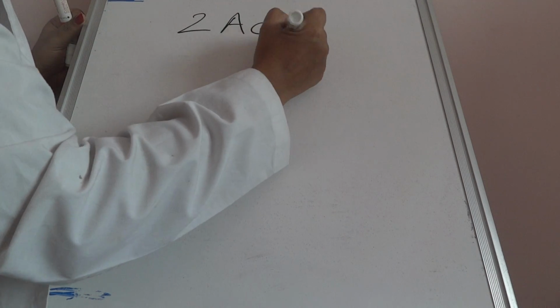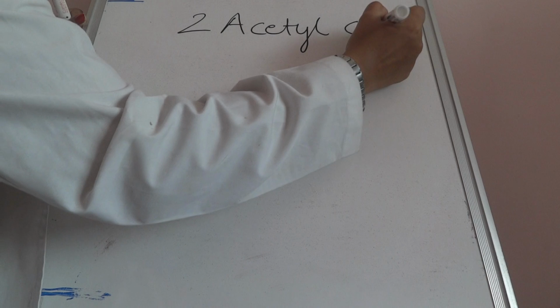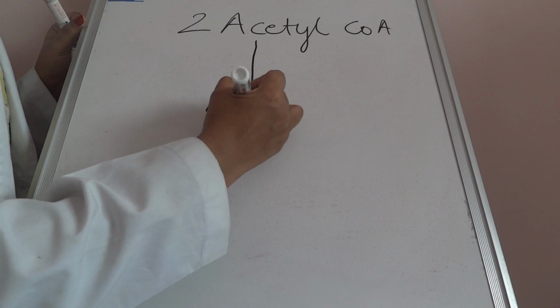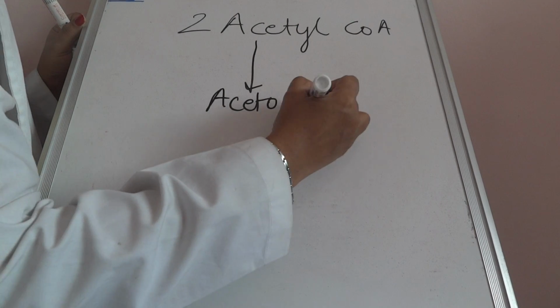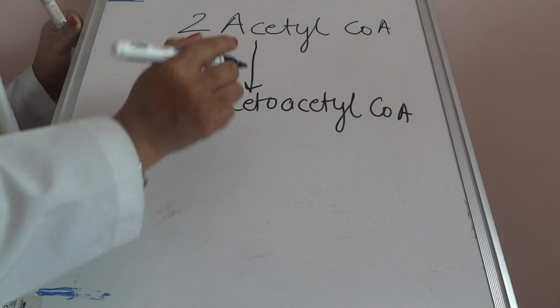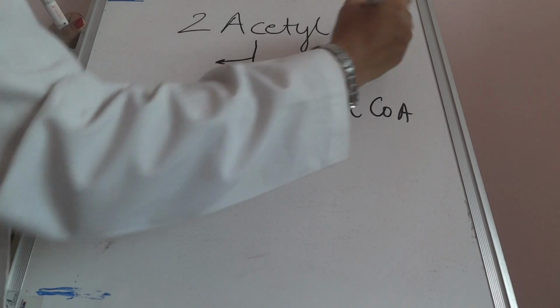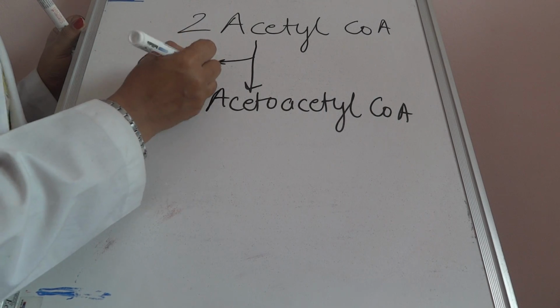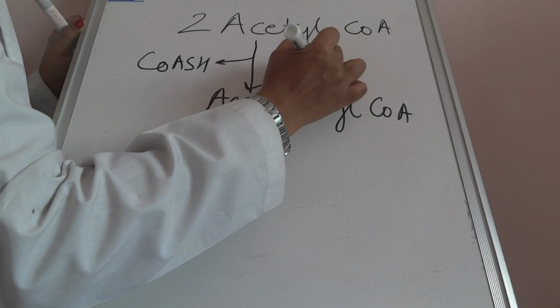But here we require 2 acetyl-CoA, which will form acetoacetyl-CoA. So 2 acetyl-CoA molecules, when they combine, form acetoacetyl-CoA, and because there is only one CoA, one CoASH is removed. The enzyme is thiolase.